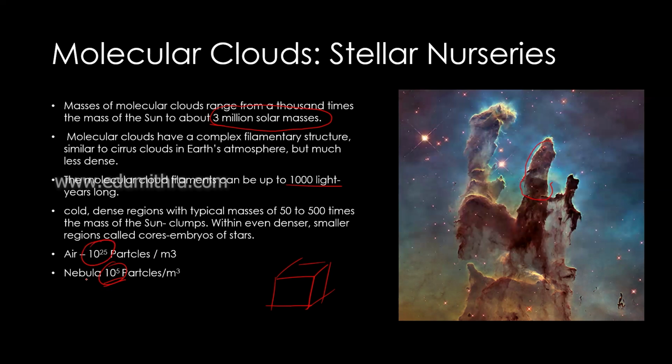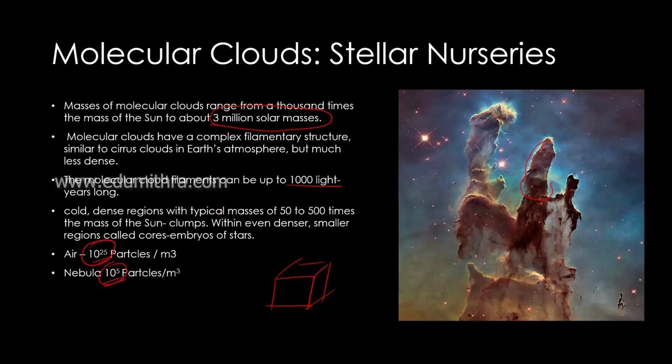The air that we breathe consists of 10 raised to 25 particles per cubic meter. So understand how much rarer it is, how much less dense it is when compared with air. But even that less dense, rare cloud can make a star. And where does this star form? Inside this molecular cloud.